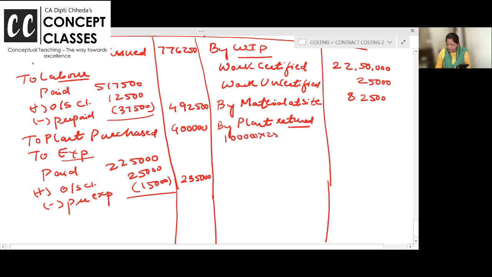But on that 25% depreciation you have to charge for April to September, 6 months. 1 lakh into 25% divided by 6.